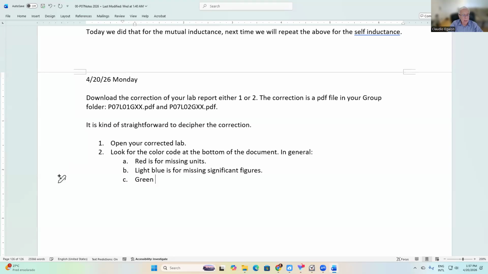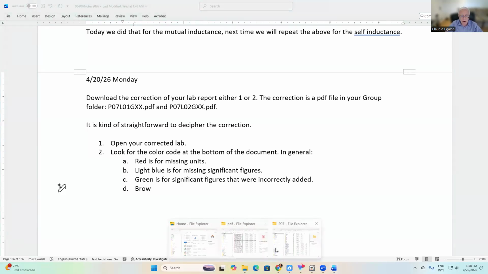Green is for significant figures that were incorrectly added. 3B, and then the color code for the CL. What was that color? Brown, right? Looks like I chose a brown. No, it's not a brown. It's some other type of color. Let's take a look there.